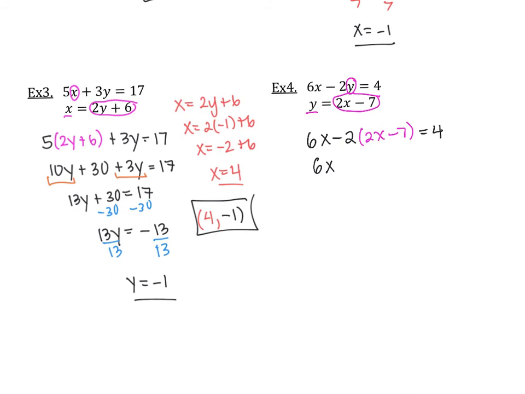So -2 times 2x is -4x. -2 times -7 is +14. 6x minus 4x is 2x. -10. Let's divide by 2.